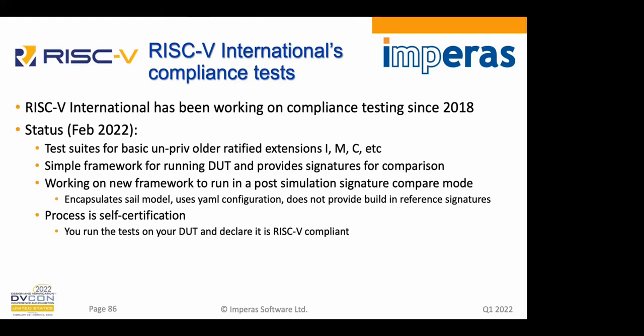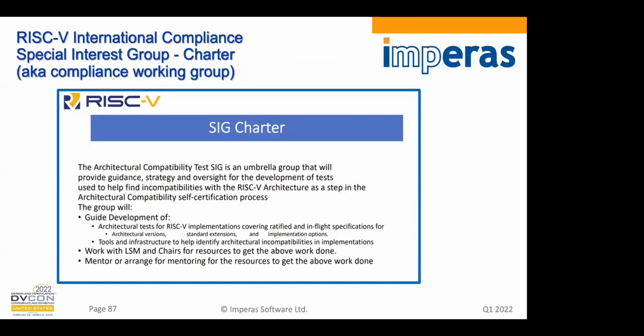And they're working on a new framework to run in a post-simulation signature compare mode where the SAIL formal model is encapsulated and has been configured by YAML, and they don't provide reference signatures going forward, so it's dynamic on-the-fly signature generation. So you've got to be able to run the SAIL model. And the process is self-certification, so you run the tests on your device, and then obviously if they pass, you declare that it's compliant.